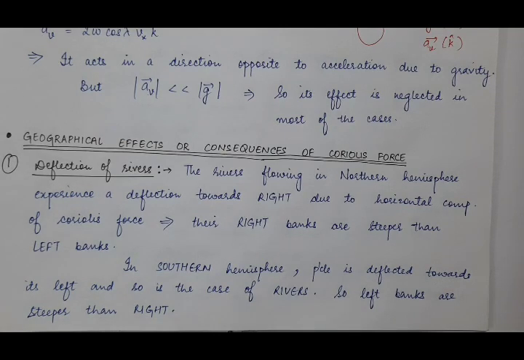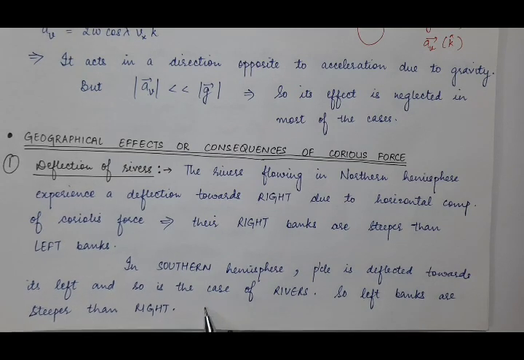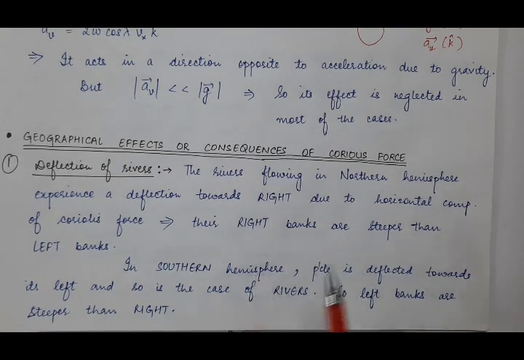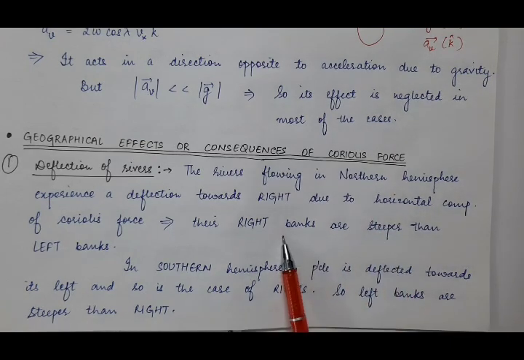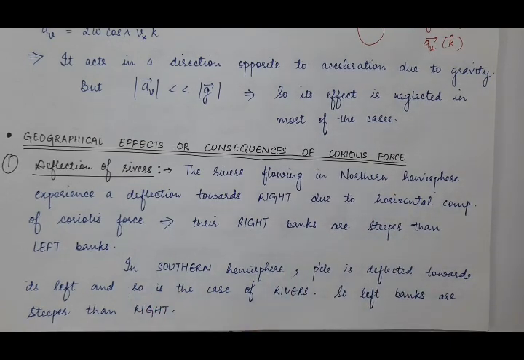So the rivers flowing in the southern hemisphere experience the horizontal component of Coriolis force towards their left. So their left banks are steeper than their right banks in the southern hemisphere, and in the northern hemisphere, right banks are steeper than left banks because of the horizontal component of Coriolis force. So this is the first geographical consequence.